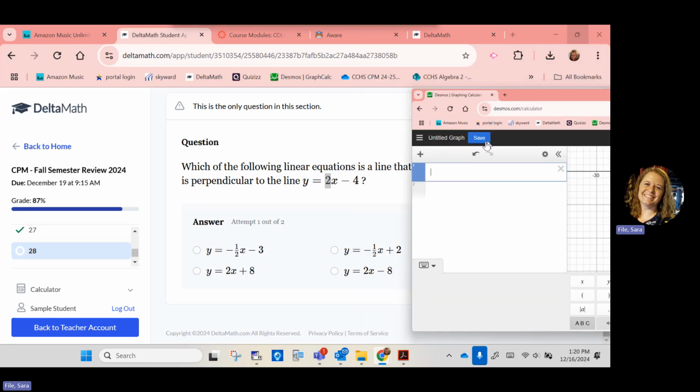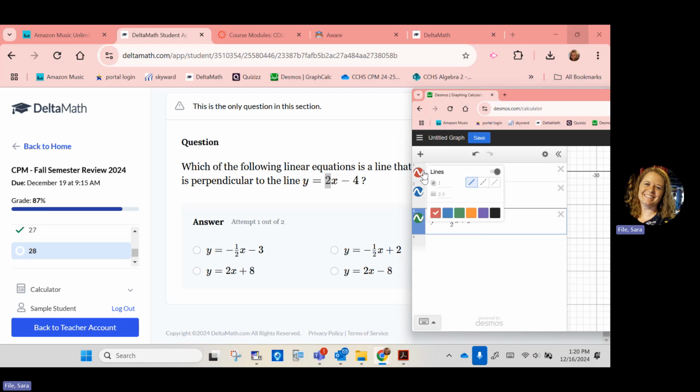Or graphically, I could type in y equals 2x minus 4, and then I've narrowed it down to these two answer choices, so I could type both in and see. So 1/2 x minus 3 or -1/2 x plus 2.